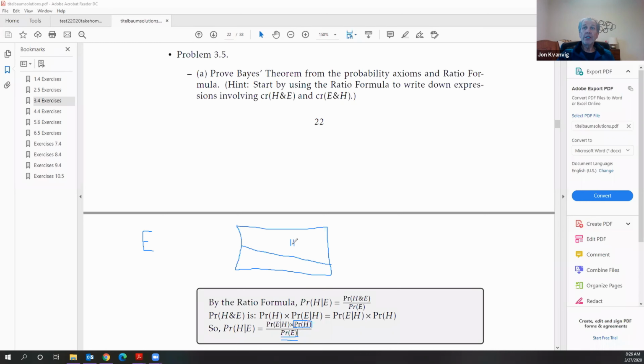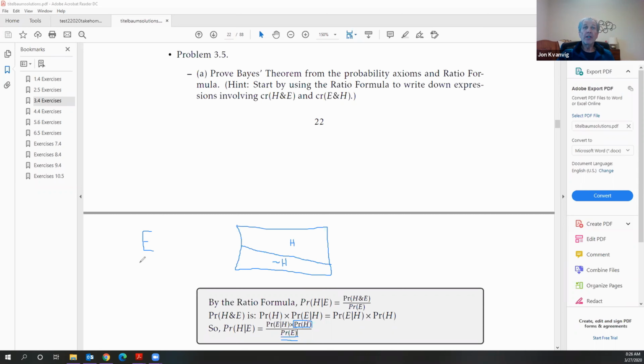Suppose you partition the space into an H and a not H part. Well, you know that E is logically equivalent to E and H or E and not H. And you know that that disjunction is exclusive. So you can just add the two.